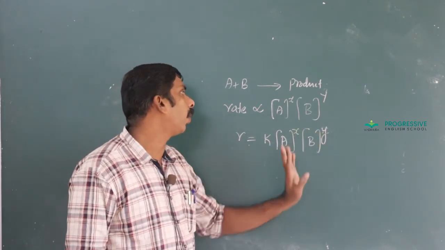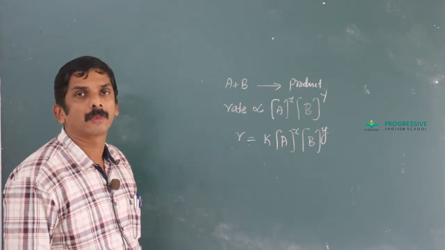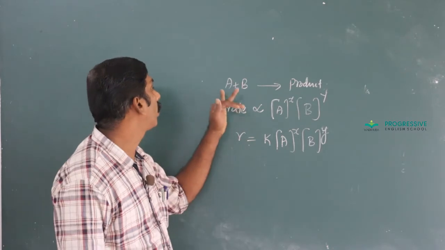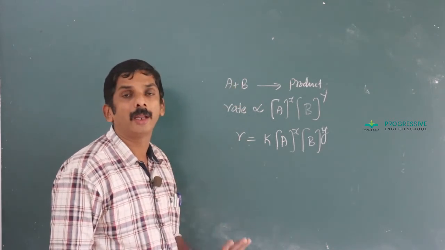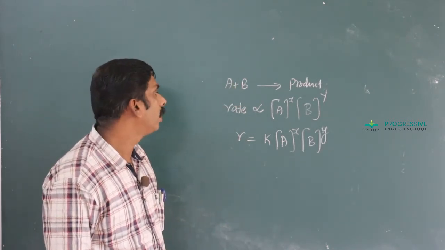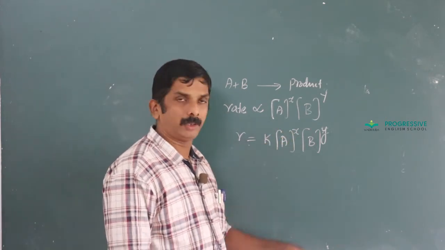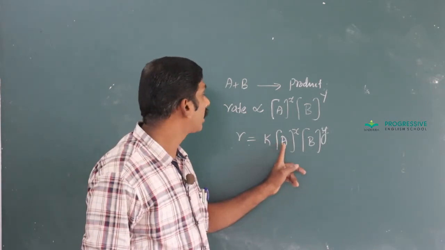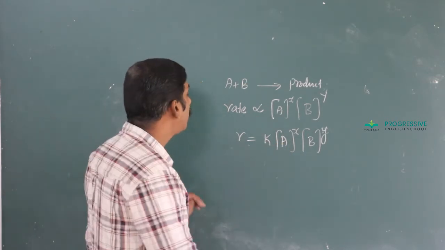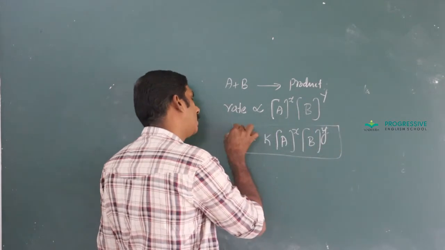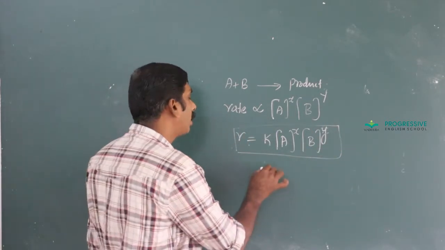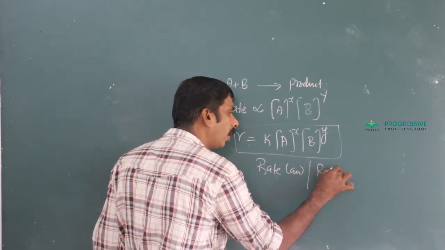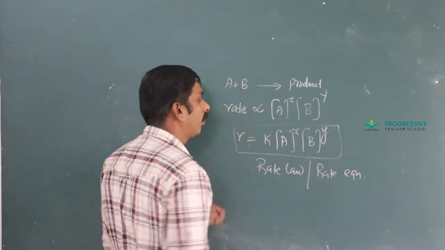X and Y are the terms which depend upon reactants A and B. Here X and Y are expressed as the power of the reactant concentration, and this expression of rate is generally called a rate law or rate equation.